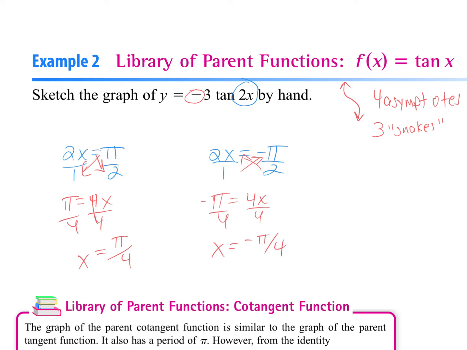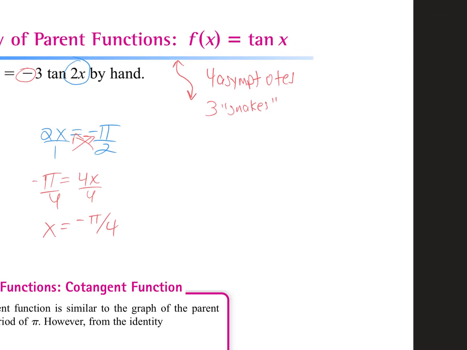What do you guys notice about your asymptotes? They're just opposite. Yeah. So here are my asymptotes. I have 1 at positive pi over 4. And I have 1 at negative pi over 4. Now here's where we have to do a little bit of thinking. Remember, they are dotted lines.